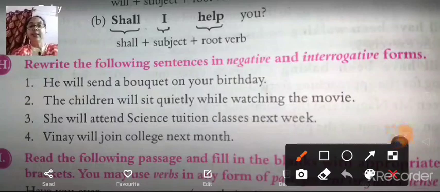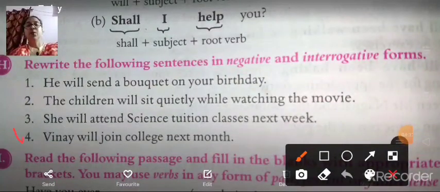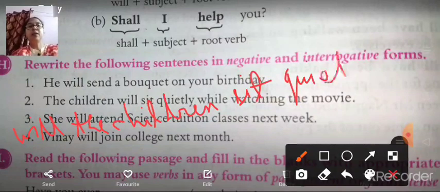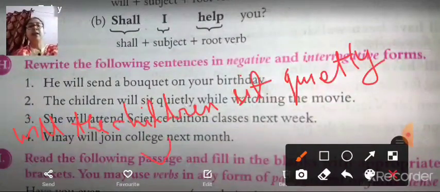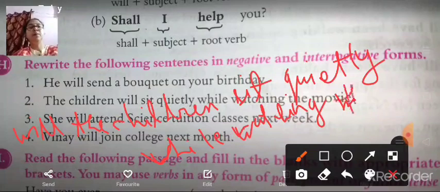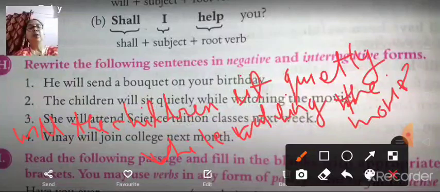Now in the interrogative sentence, will the children sit quietly while watching the movie, and question mark will be placed.